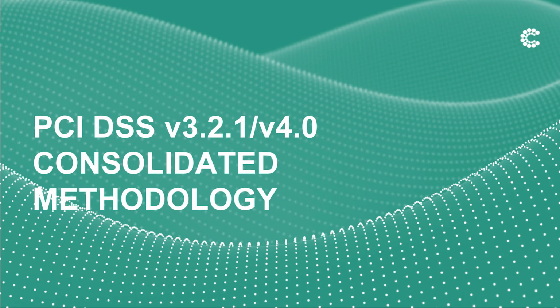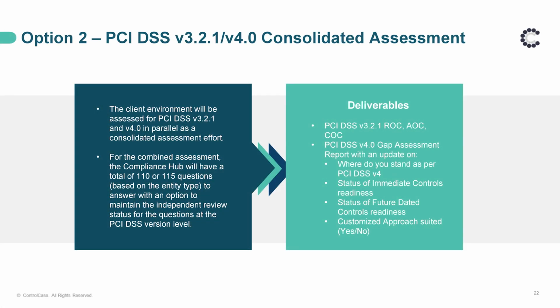Moving on to option 2, it says consolidated assessment or consolidated assessment methodology. Mainly for the organizations who want to save the effort of doing two different assessments, the option will support them to do a certification assessment against the older version, which is 3.1, and in tandem or in parallel, we can also do a gap assessment for version 4, and it will be done as part of the consolidated assessment effort.